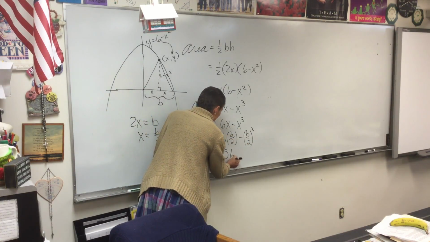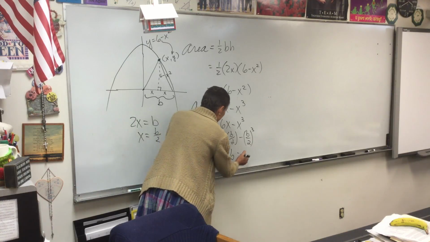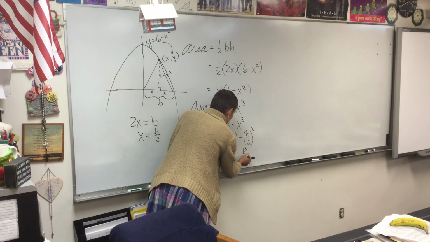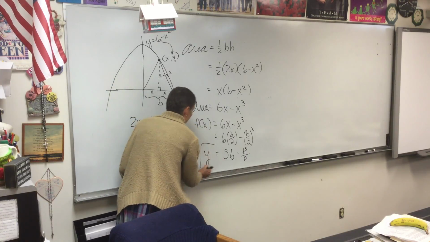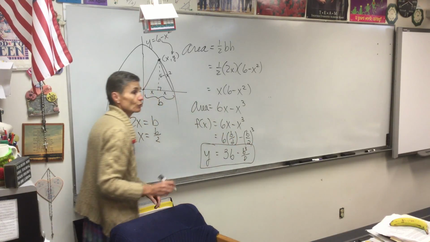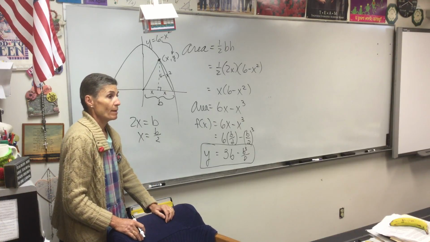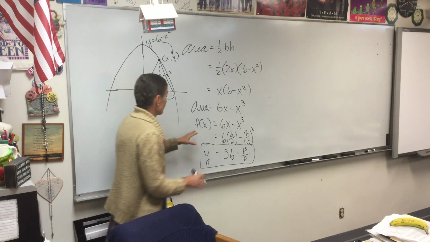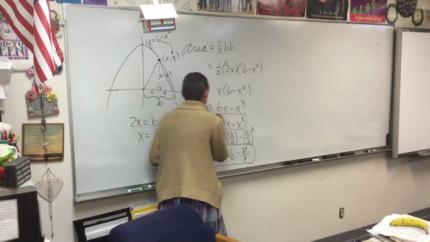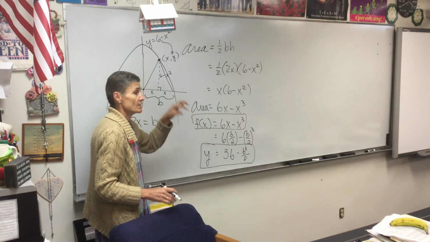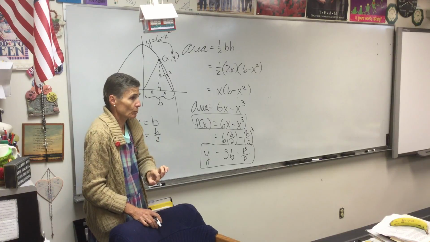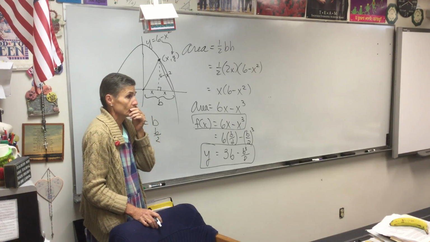So my answer ends up being this. This is my area in terms of the base. Now, again, there is nothing wrong with this. This is absolutely correct. It just doesn't meet the picky little requirements of the problem.